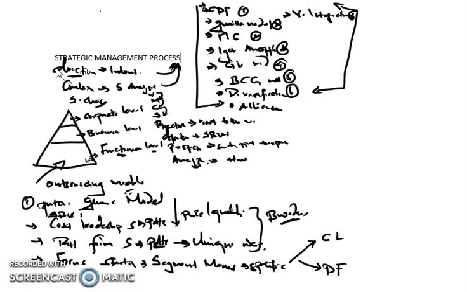For example, if we're talking about Kenya, that is Kenya. Now, a focus strategy picks an area, calls it Thika, and in Thika they become either a cost leader or a differentiated firm. Now, there is something that we call stuck in the middle. Let me just draw this first.